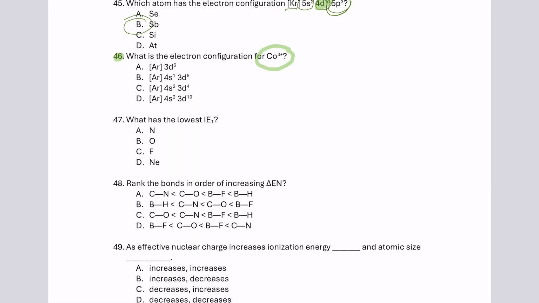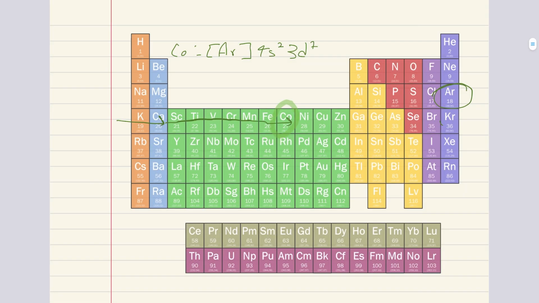However, the problem wants the electron configuration for cobalt 3+. That means cobalt has lost 3 electrons. For d block elements, we lose those electrons first from the highest energy s orbital. So 2 of those electrons that we lose out of the 3 are going to come out of the 4s orbital.